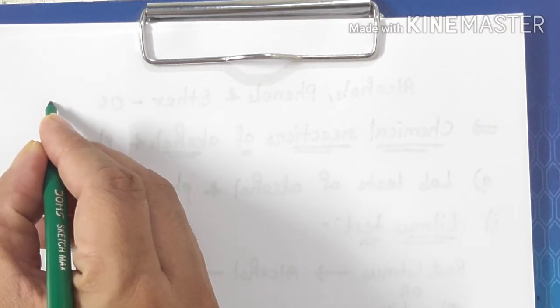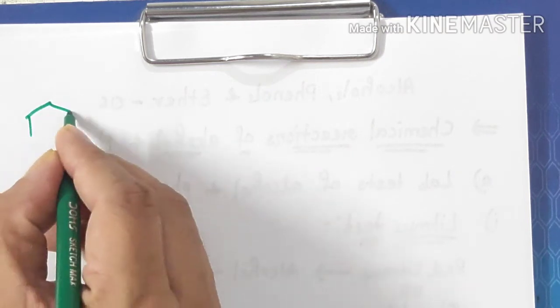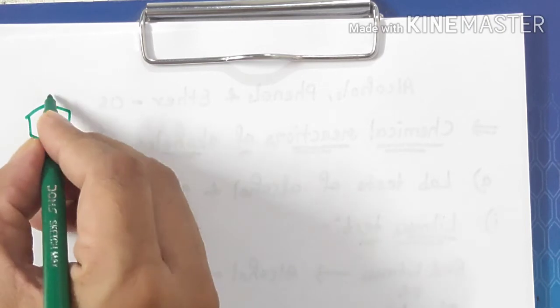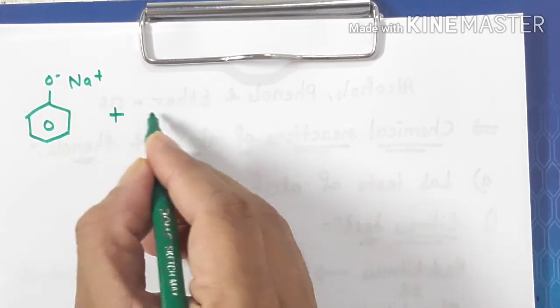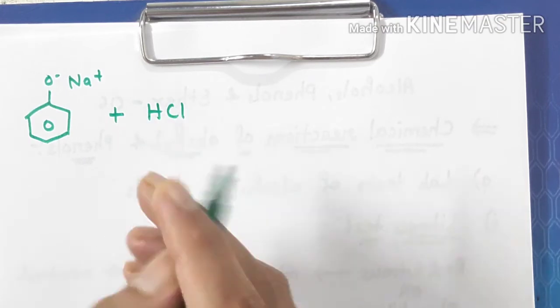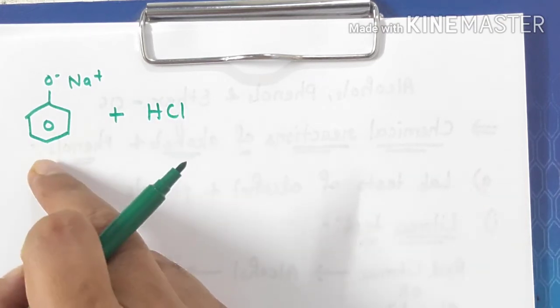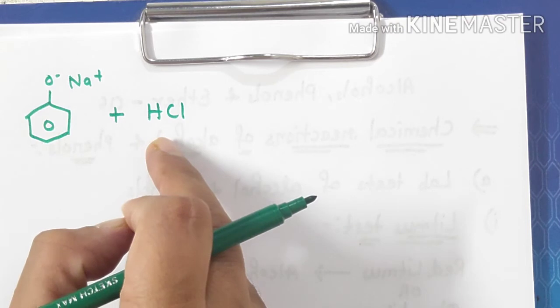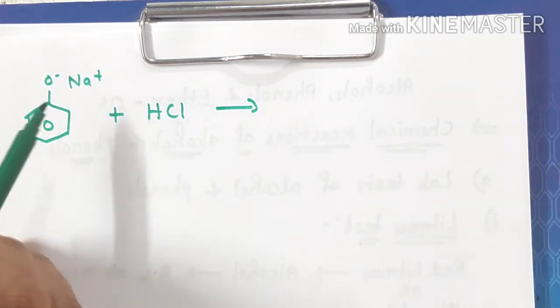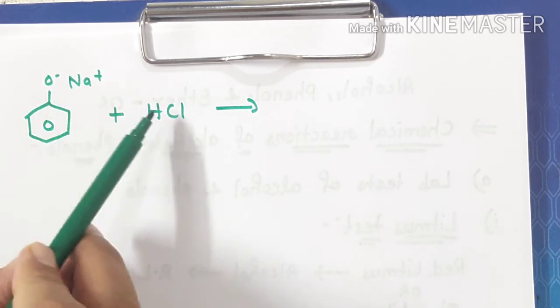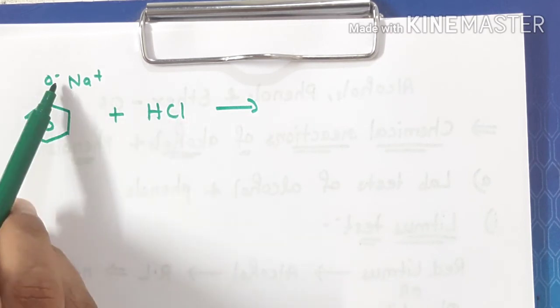Suppose to this phenoxide ion I treat this with HCl. This is actually a salt, and the salt reacts with a strong acid. What is going to form? Understand this, student. This Na will combine with Cl, and this H is going to come over here.